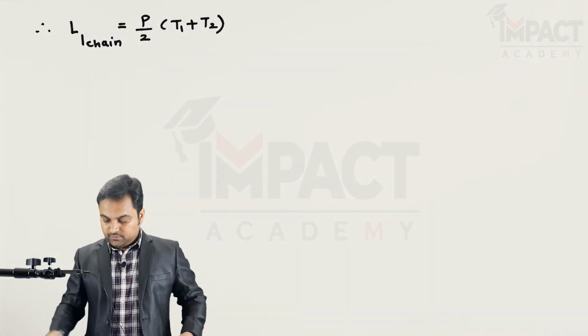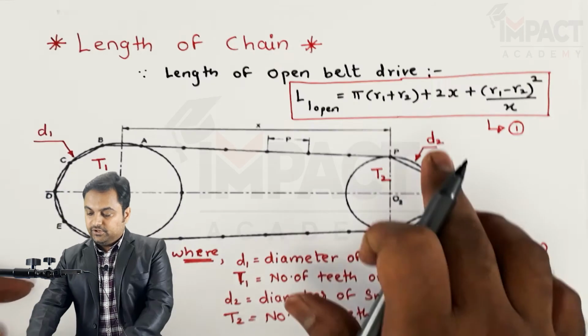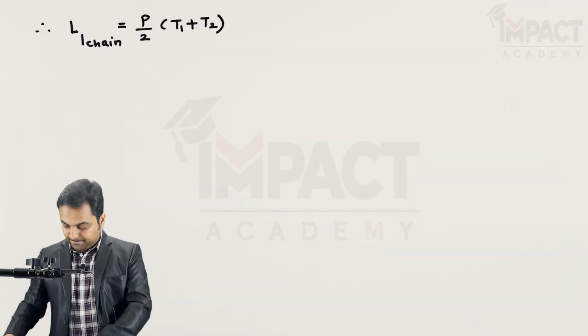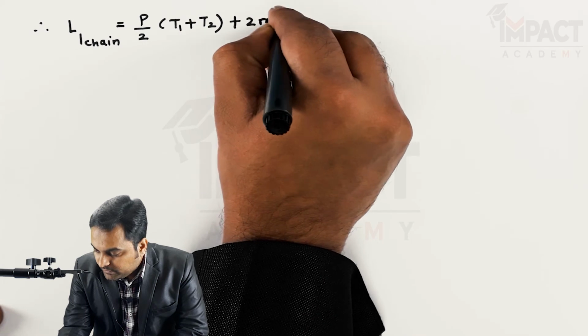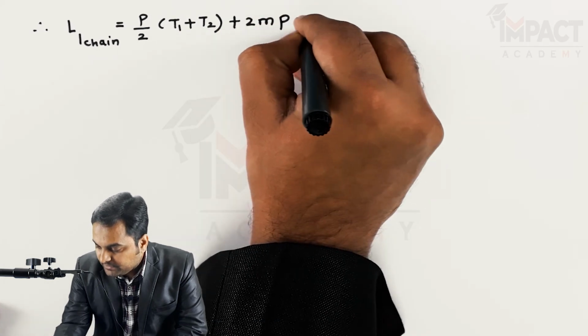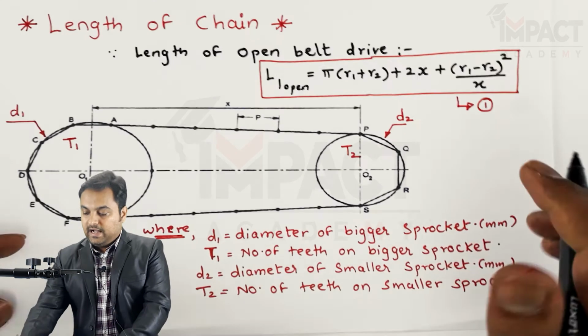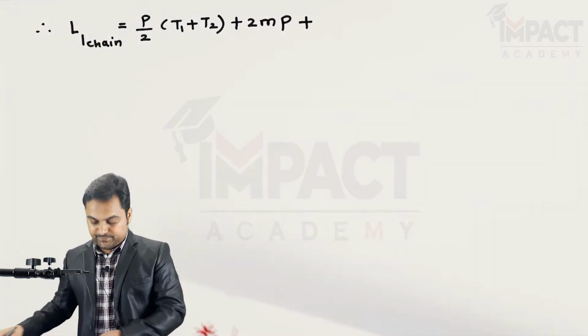Next, the term is 2x, so x would be replaced by m into p, 2 into m into p, plus next we have (r1 − r2) whole square.